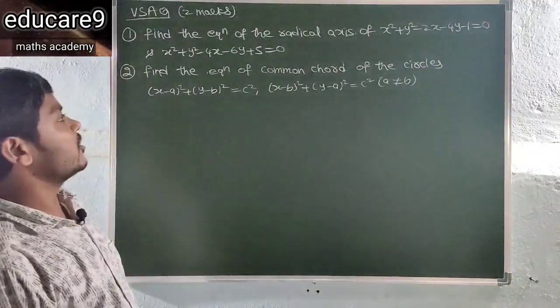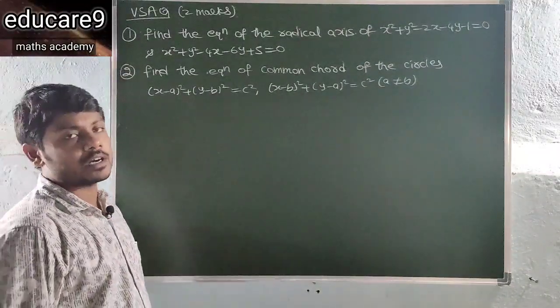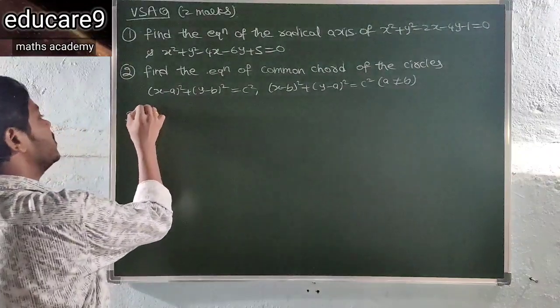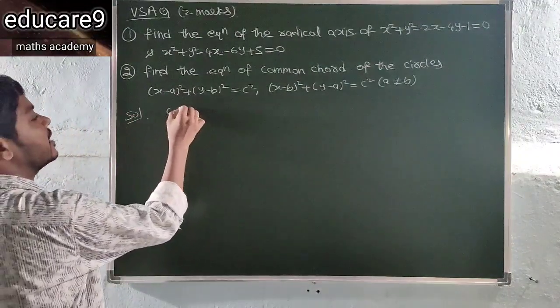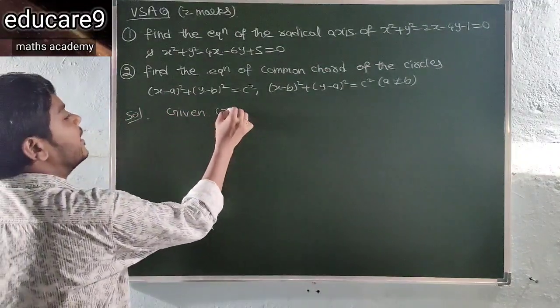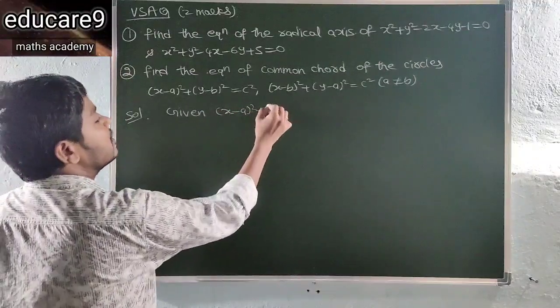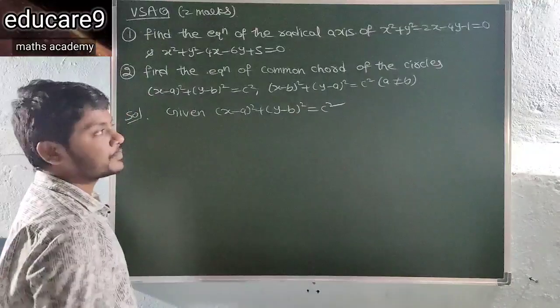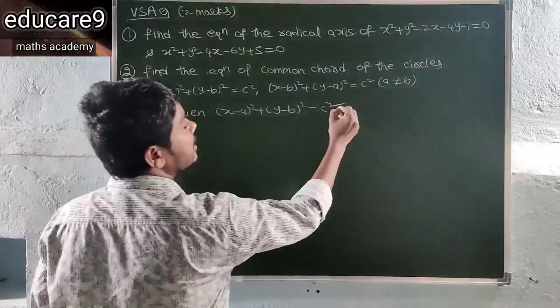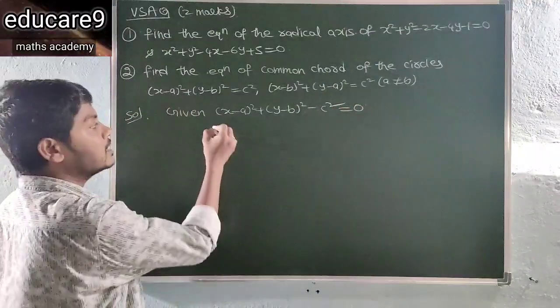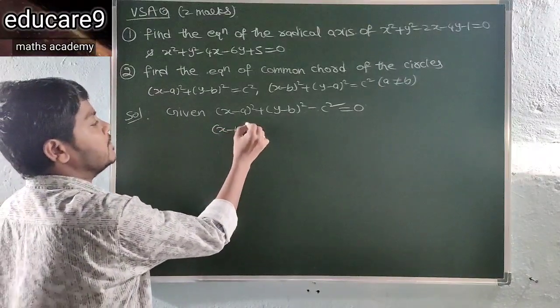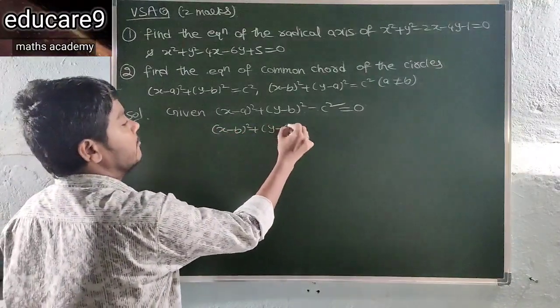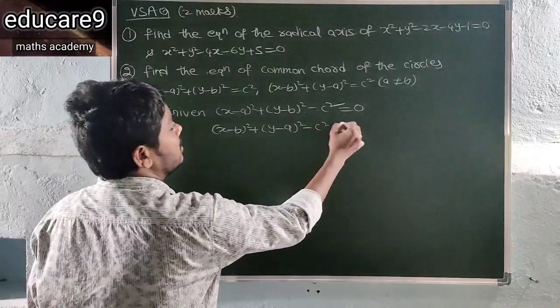And see the second one, find the equation of the common chord of the circles. So see your solution. Given circles: x minus a whole square plus y minus b whole square minus c square equals 0, and the second one, x minus b whole square plus y minus a whole square minus c square equals 0.